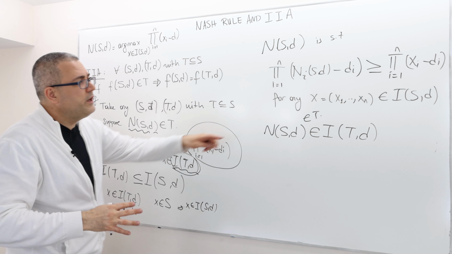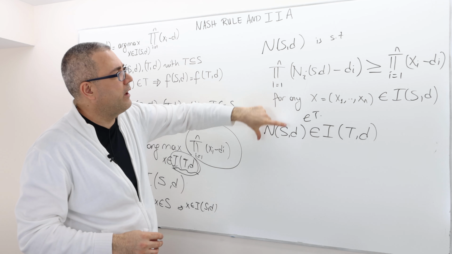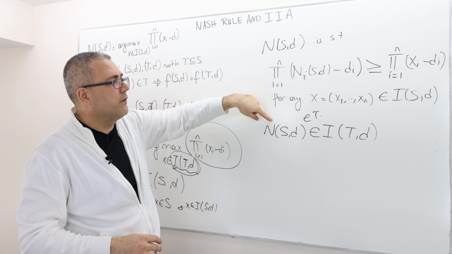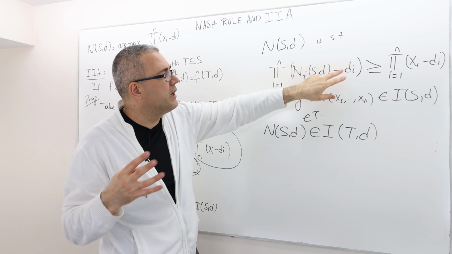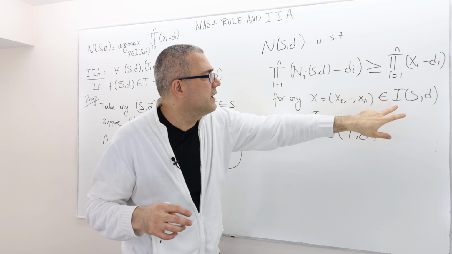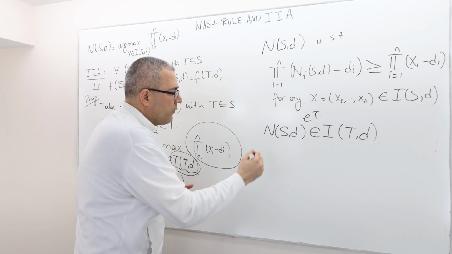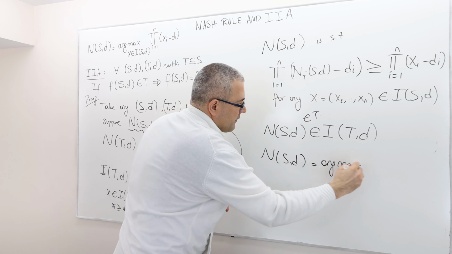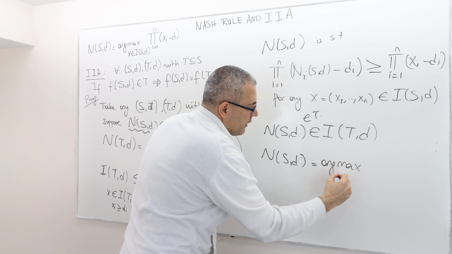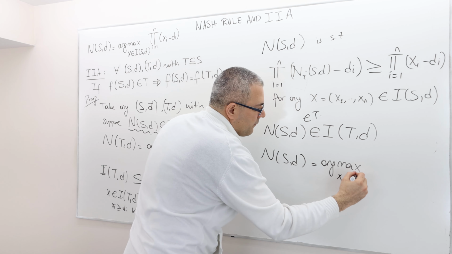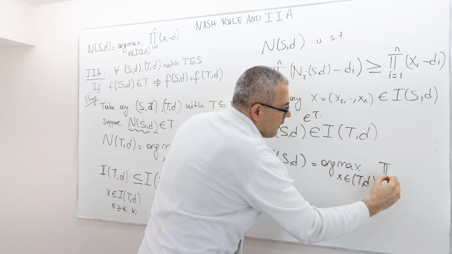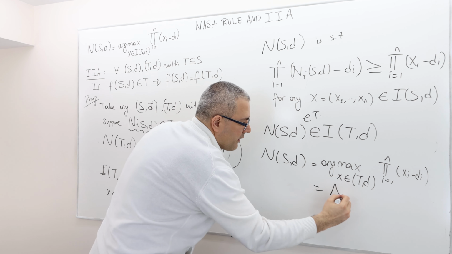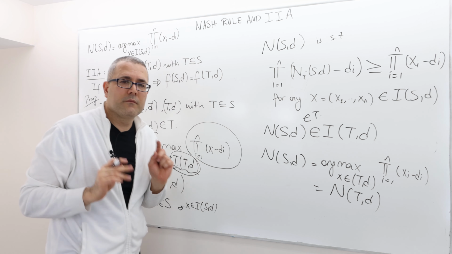We know that when I calculate this multiplication for this payoff vector, it gives a higher value than everything else in this set. So N(S, d) must be the argmax over x in I(T, d) of the product of xi minus di, which is nothing but N(T, d).